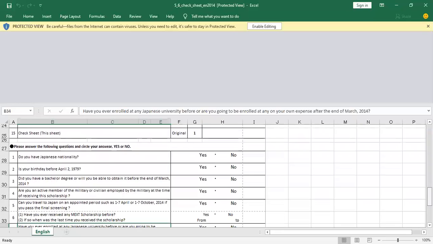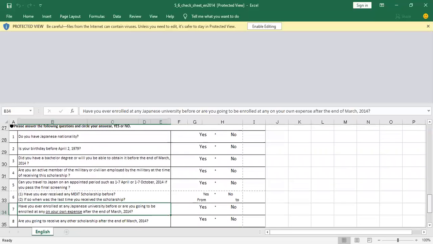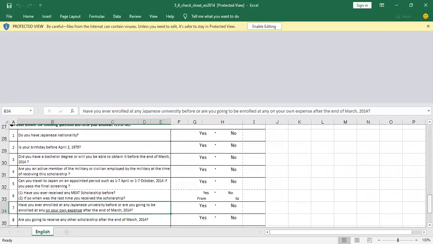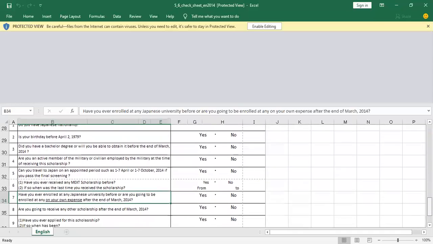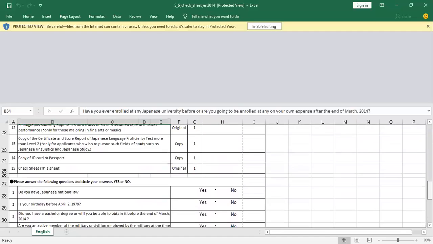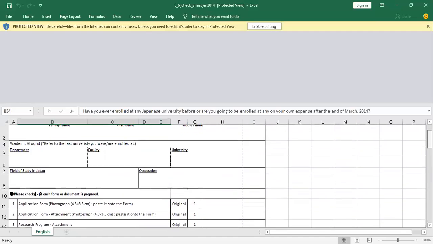There are different questions like the requirements of the scholarship, your age, questions to know you are eligible, that you are from the countries that are eligible for that scholarship, your age, and of course, if you have other scholarships, if you applied for that scholarship before, or obtained that scholarship before. So different things that here you can check.